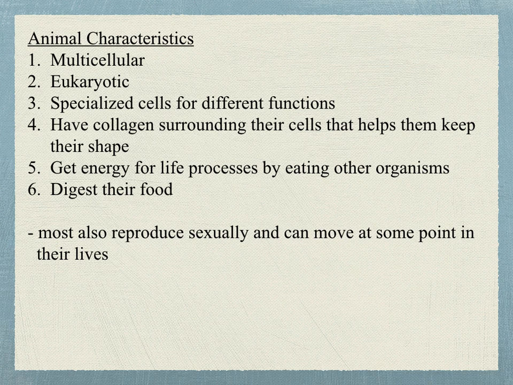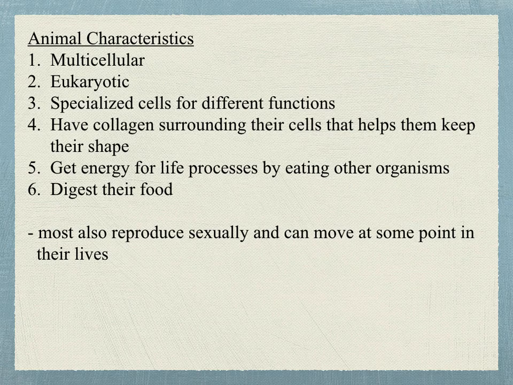For example, jellyfish. Jellyfish as larvae are going to be attached in a position where they don't move. But when they grow up, then they kind of flip over and then are able to move. So even though they can't move through their whole entire lives, they can move at some point in their lives. So those are the 6 characteristics of all animals, and then the 2 things that most animals can do.